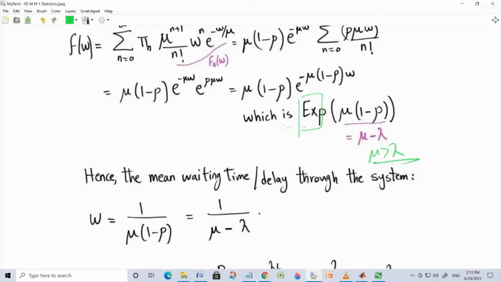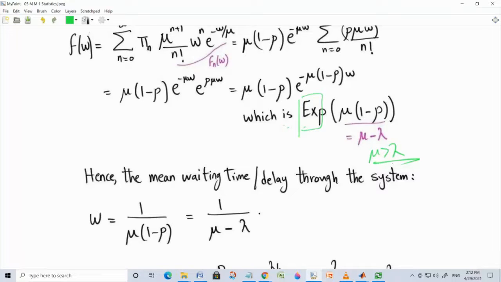The number of customers will tend to infinity as t goes to infinity, so we say that the queue is unstable. But that is not the case of interest. The case of interest is when mu is greater than lambda, that is, the parameter of the arrival process is less than mu, the parameter of the service process.